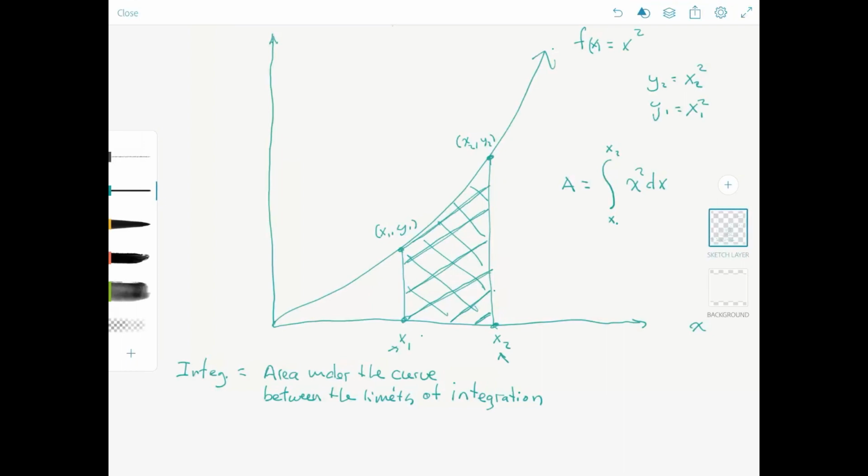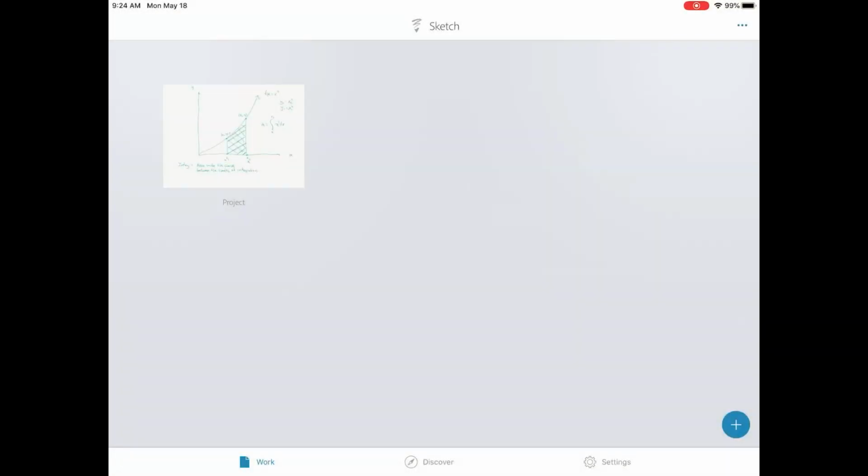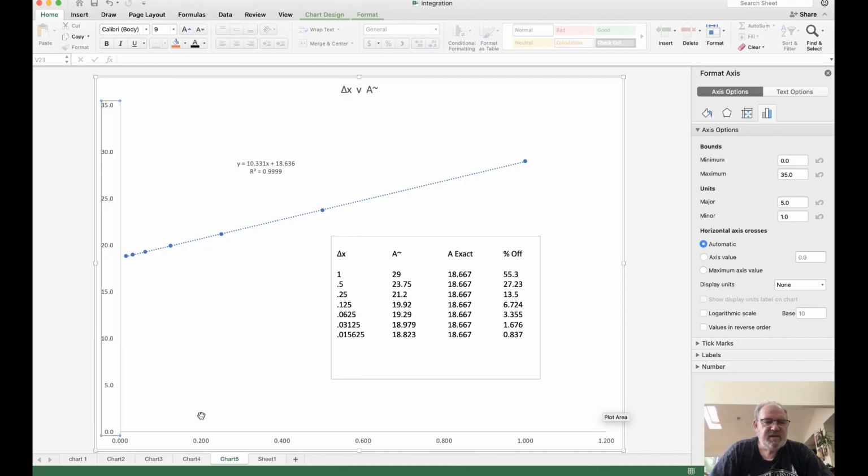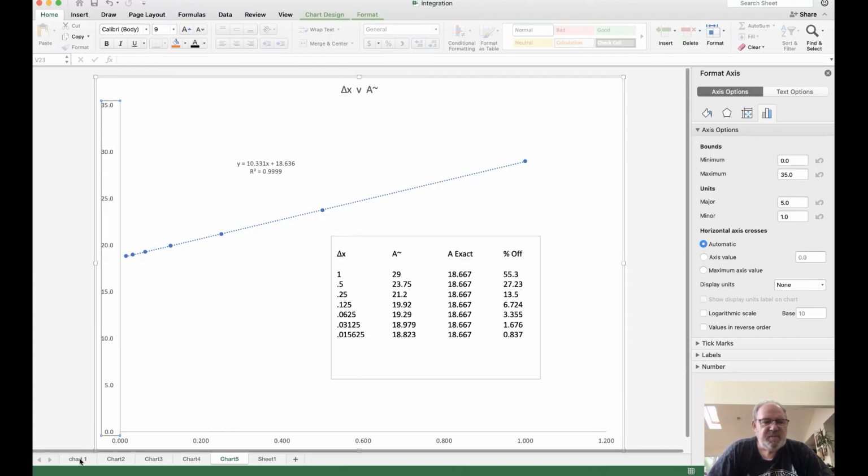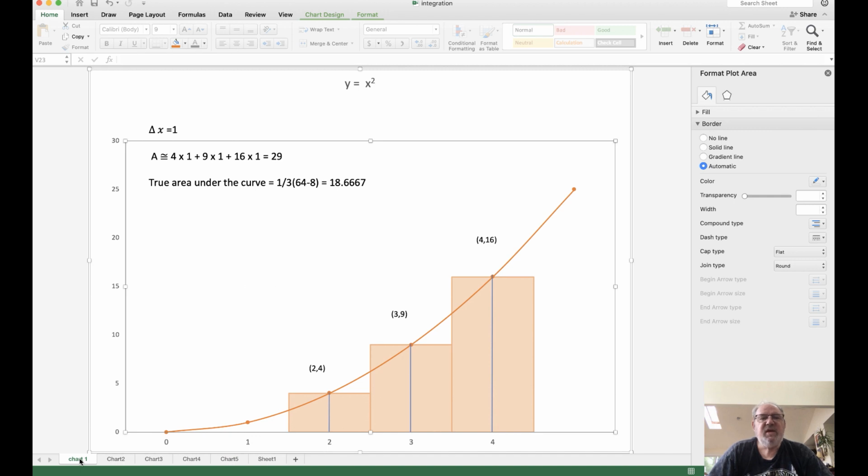So now we can go to our Excel. Remember we said that the area under the curve, and this is a simple curve, y equals x squared, we could approximate between 2 limits of our integration. So on the x-axis, our limits of integration are between 2 and 4.